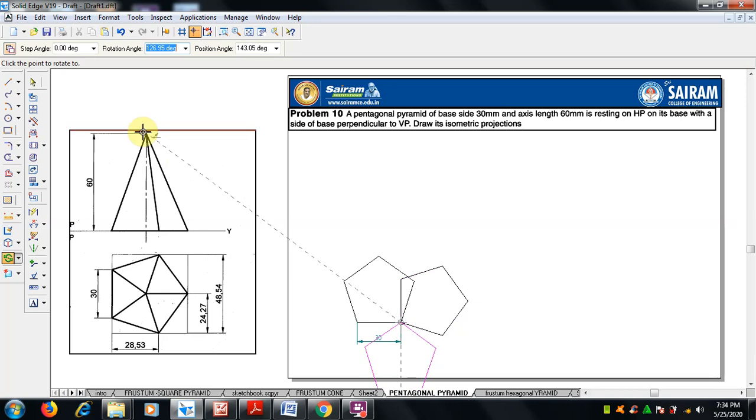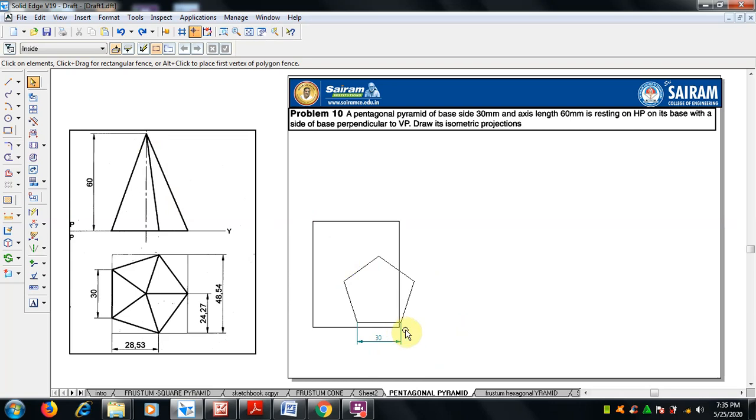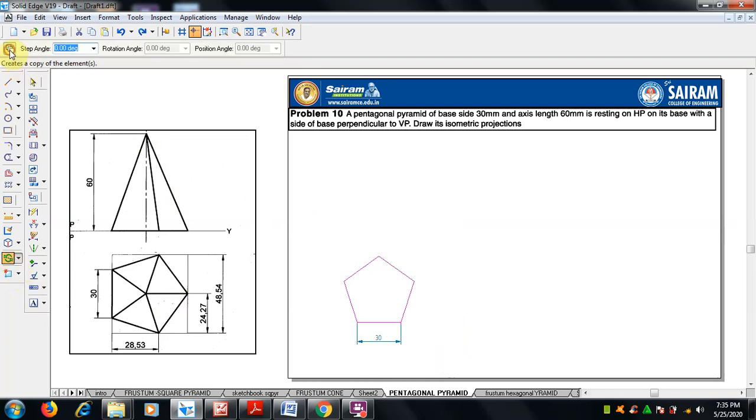Okay, and copy, Control Z, select this, rotate. So here the copy command, please switch it off. So we have to make one side perpendicular to the HP. Okay, this we can keep this way, no problem. I will keep it like this.